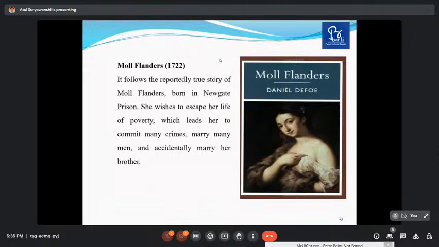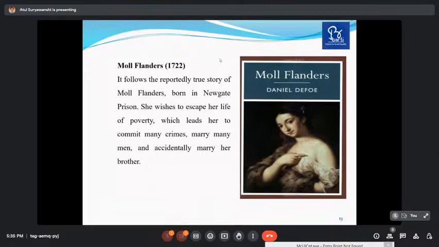She wishes to escape her life of poverty, which leads her to commit many crimes, marry many men, and accidentally marry her brother. So she suffers. She goes astray. The novel focuses on the theme of greed.